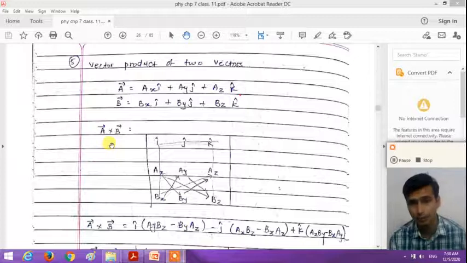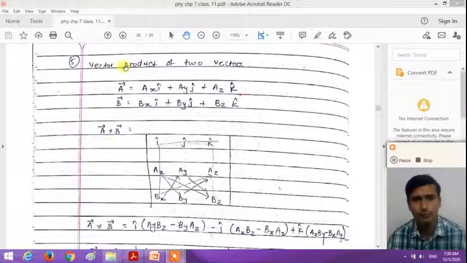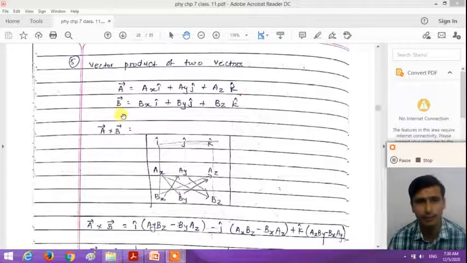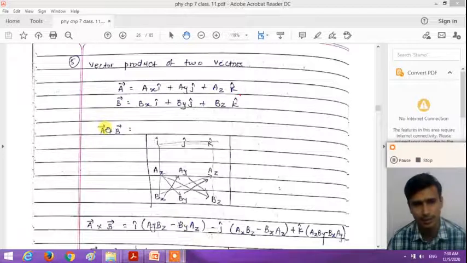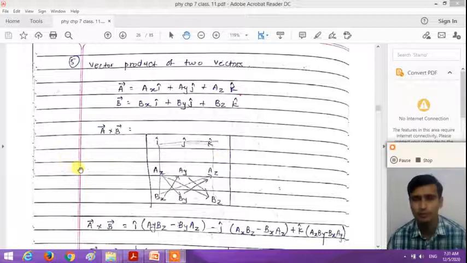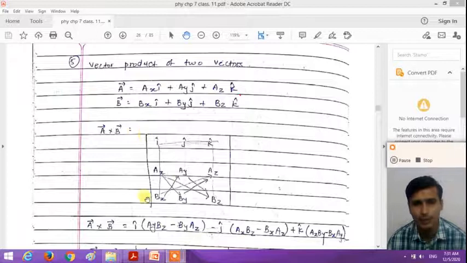So first decide what we want to find, A cross B or B cross A. The vector product of vector A and vector B can be determined with the help of the determinant. How can we write this determinant? Like this: A cross B is equal to the determinant of three rows, right?